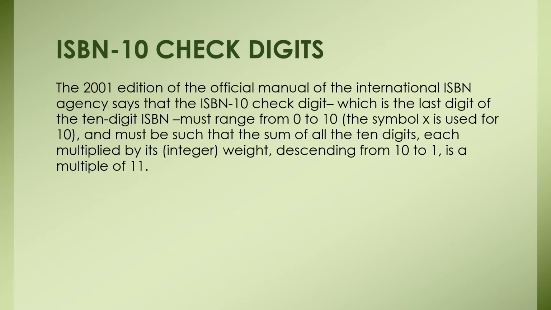The symbol X is used for 10 and must be such that the sum of all 10 digits, each multiplied by its integer weight, descending from 10 to 1, is a multiple of 11.